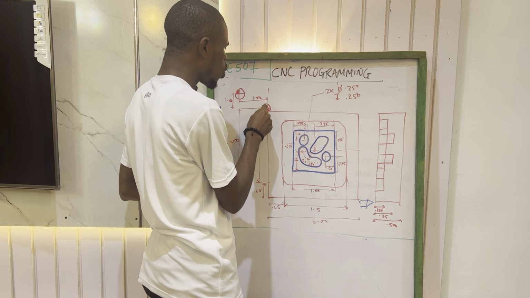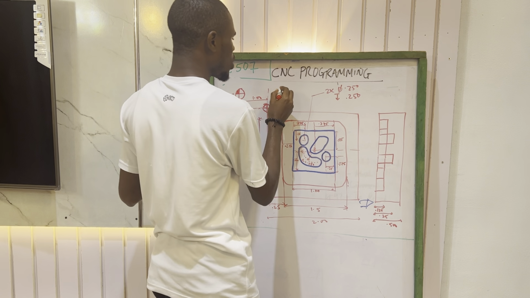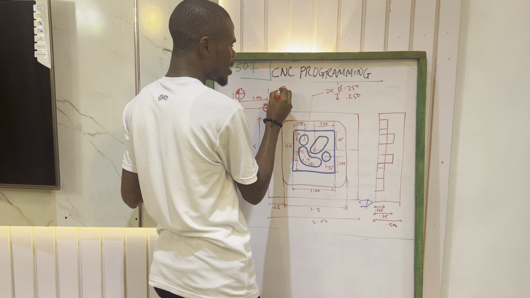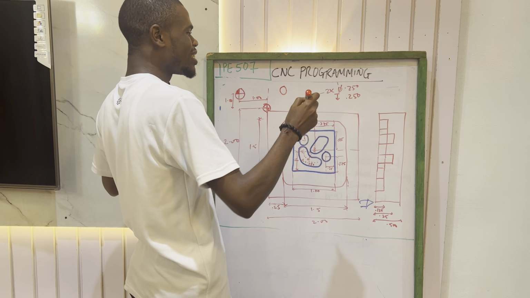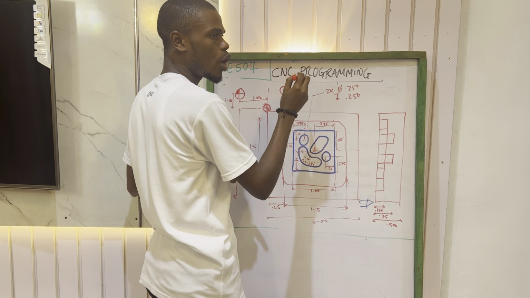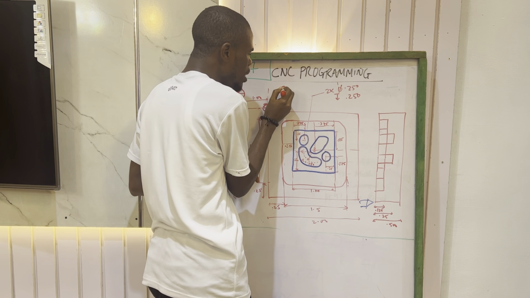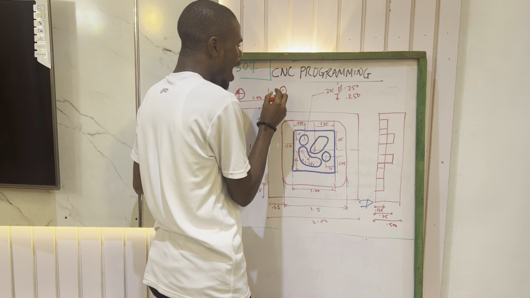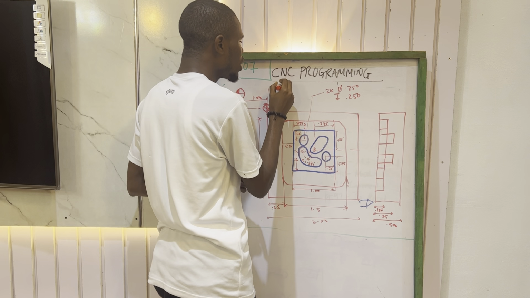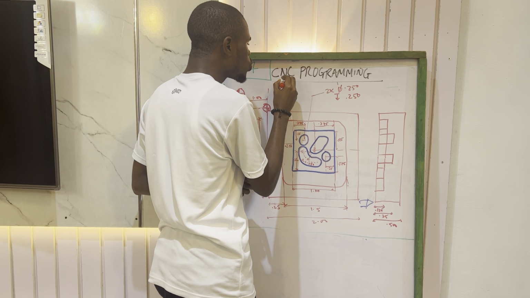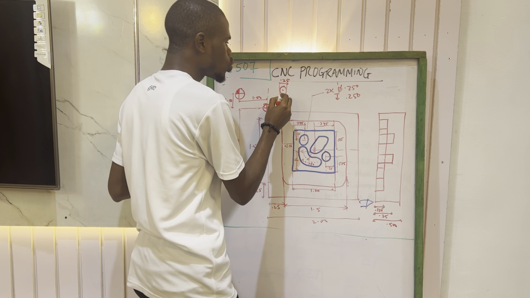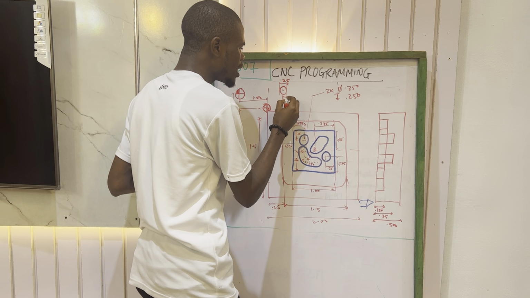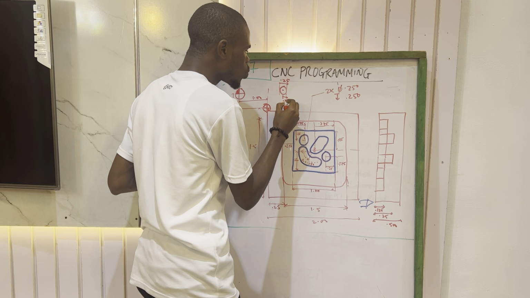But this is not the point. This is the cutting tool. The cutting tool has a particular diameter. Whatever position we are taking, we are referencing it as the middle of this cutting tool. And the diameter given for this cutting tool is around 0.25. So the radius of this cutting tool from this end to this end is 0.125.